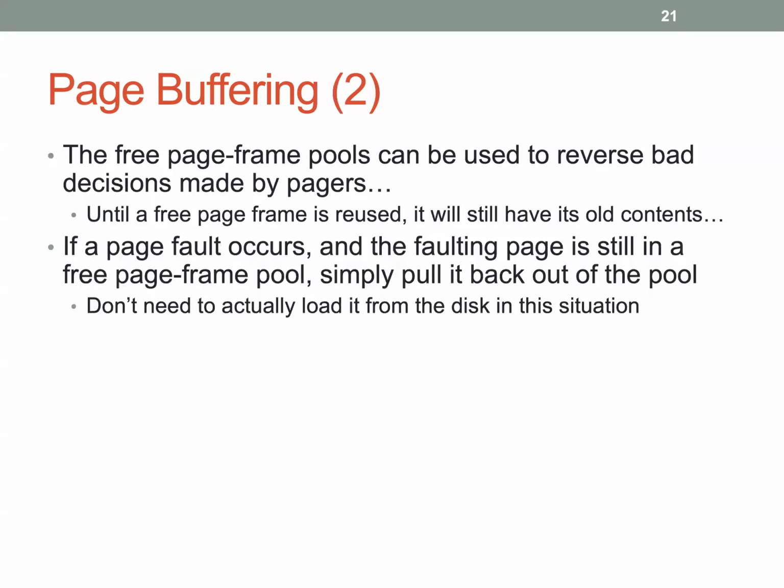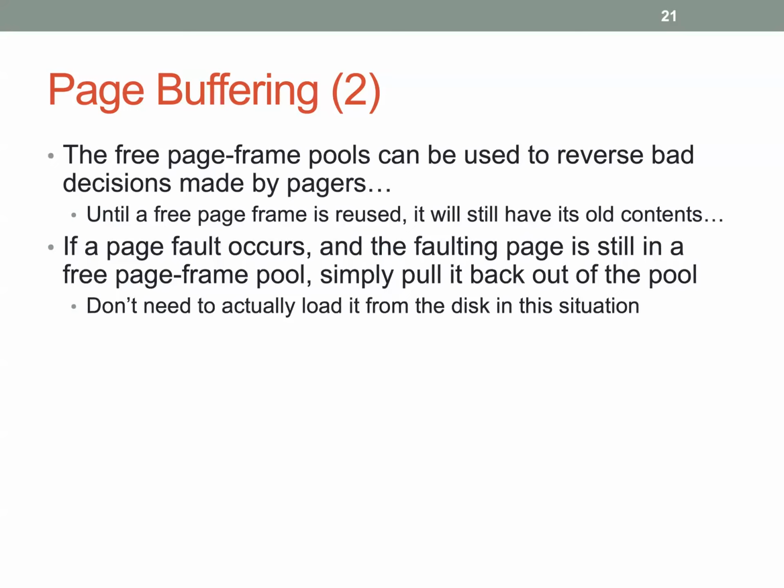What can happen is if a fault occurs for a page that's actually in this pool, the kernel can just be like, whoops, that was a bad decision. It can pull the page out of the candidate pool and put it back into the process where it needs to be, so it gets remapped back into the process's virtual address space.